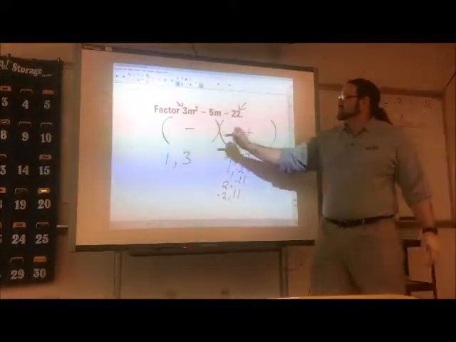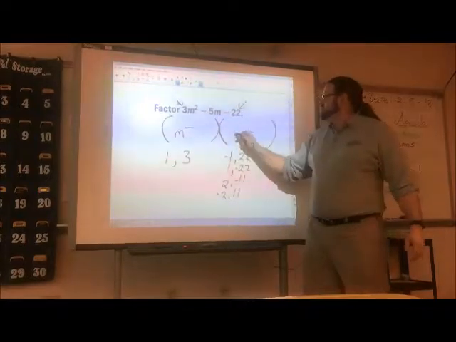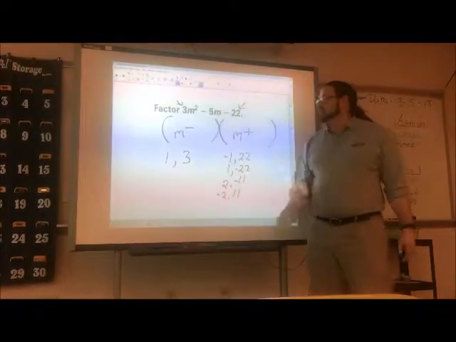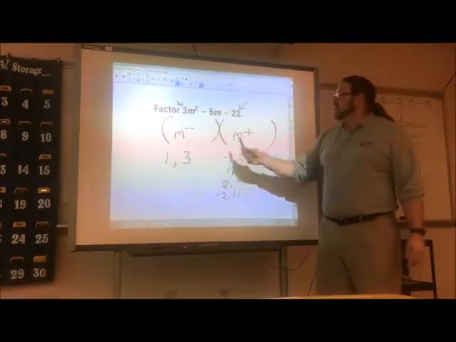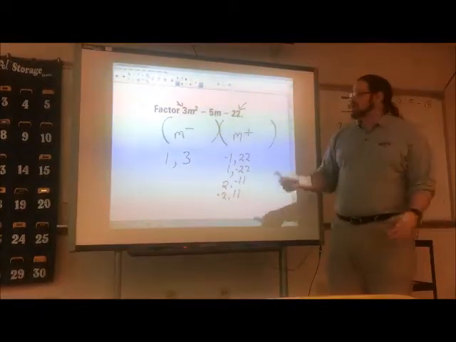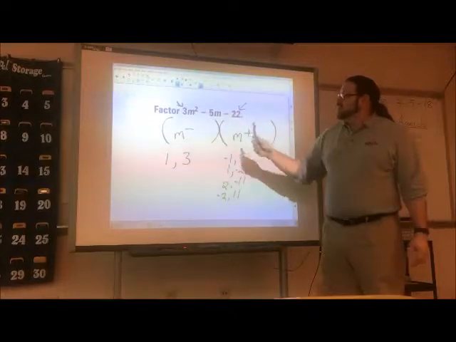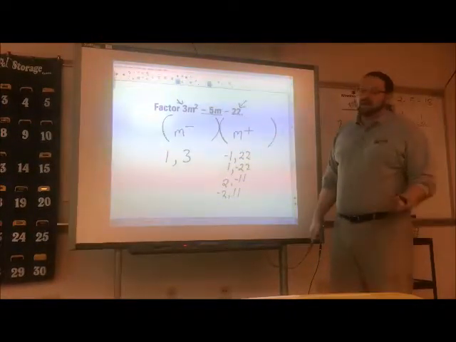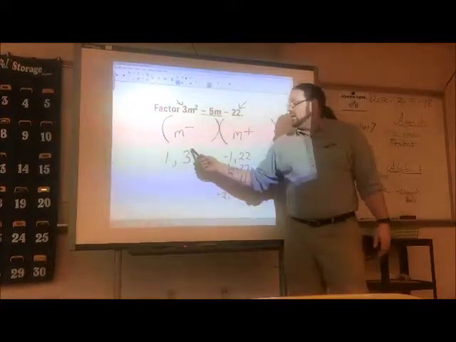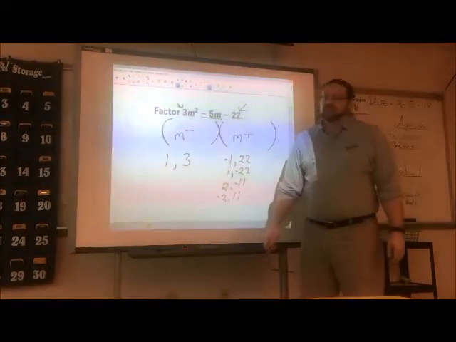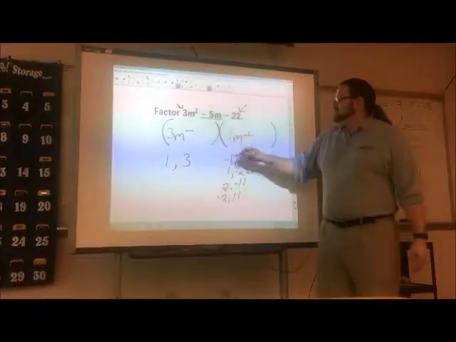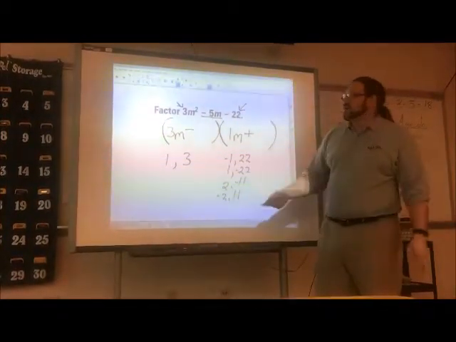So now, put in our m's, because m times m is m squared. We need to figure out what order we're going to put these in so that we end up with a negative 5 here in the middle. Now, trick of the trade. When these are your only two options, okay, put them in 3 and 1. That way they're out of the way.